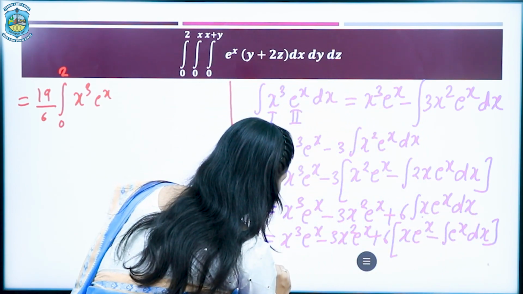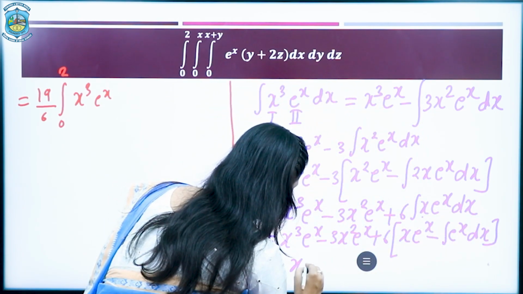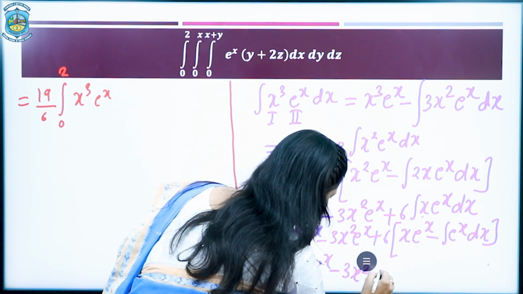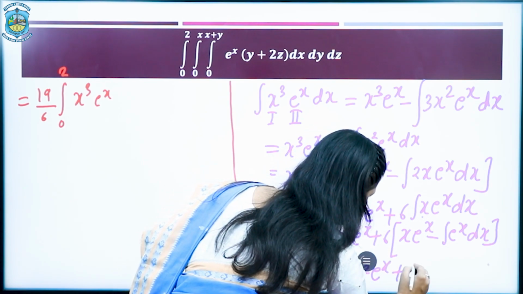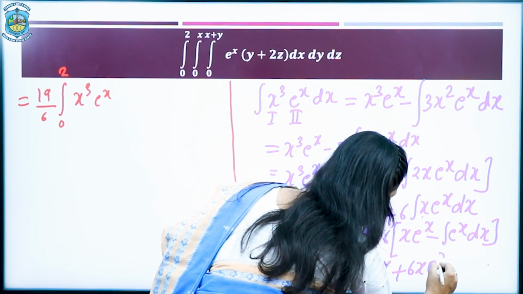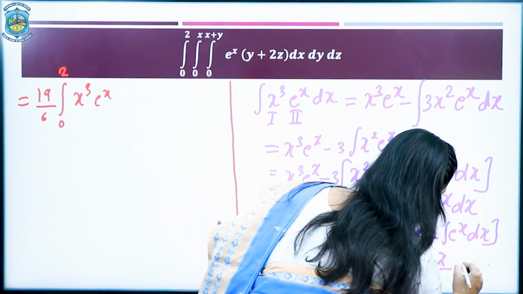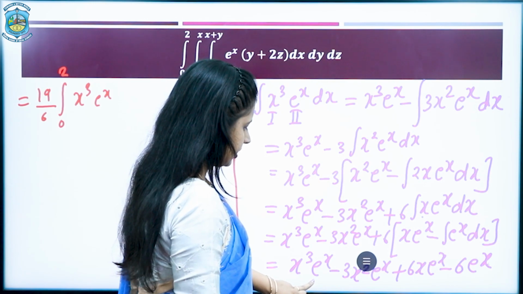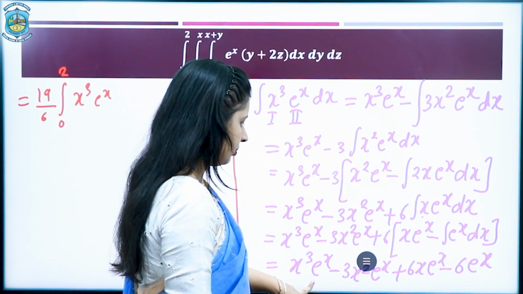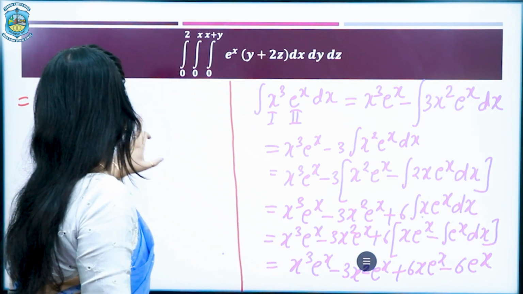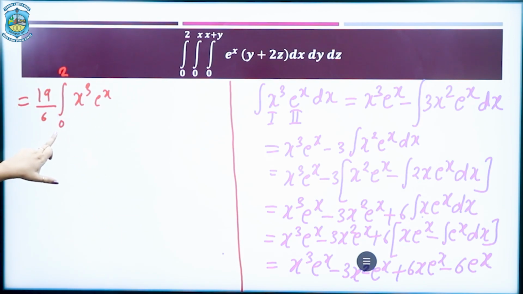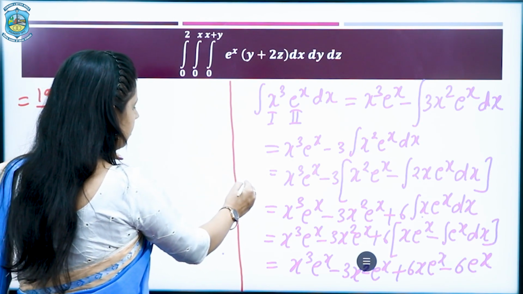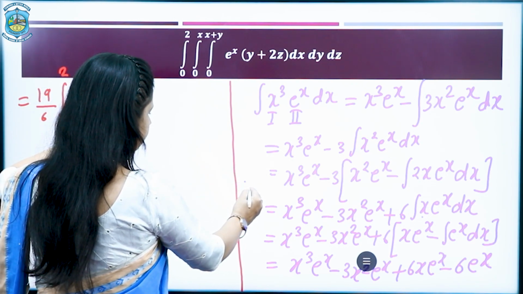So, this term will give us x cube e to the power x minus 3x square e to the power x plus 6x e to the power x minus 6 e to the power x. We may take this exponential function as common, and then we will find the value of this integral from 0 to 2 x cube e to the power x with respect to x.